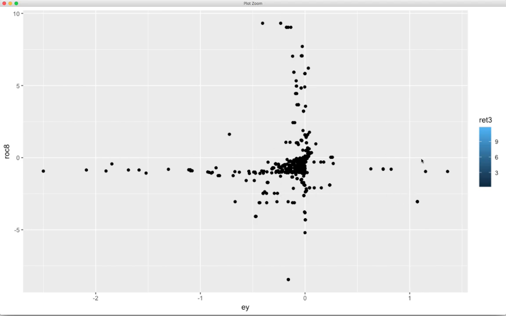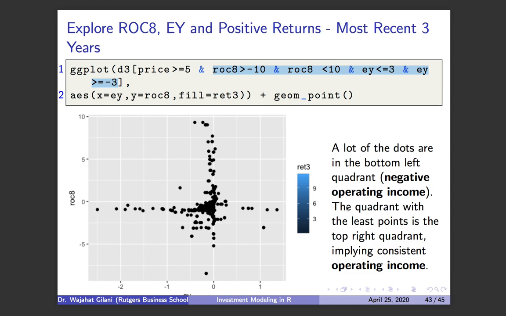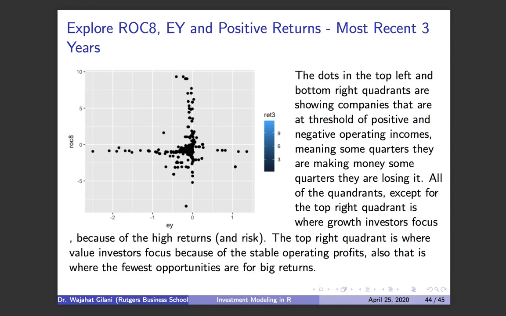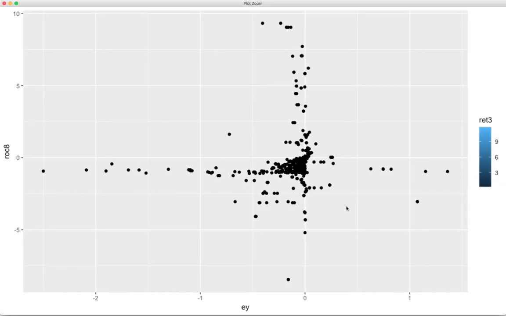So let's break this into quadrants, and this is what I talk about in the next couple of slides. From the 0 mark here on my y-axis and the 0 mark here on my x-axis, here you have the most action going on. Look at it, most of the dots are here, where it's negative earnings yield and negative ROC8. Why?